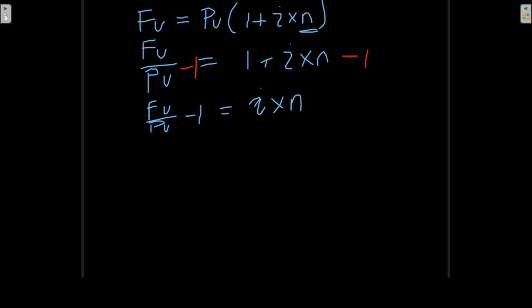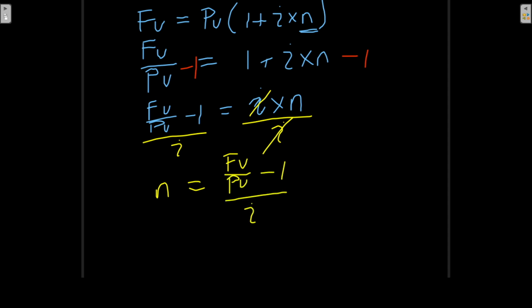And now I want to get rid of the interest rate on the right so that I have n on its own. So I will divide by the interest rate on the right and on the left. So the interest rate will cancel out here and I end up with n equal to this little formula here. And we can do our substitution.